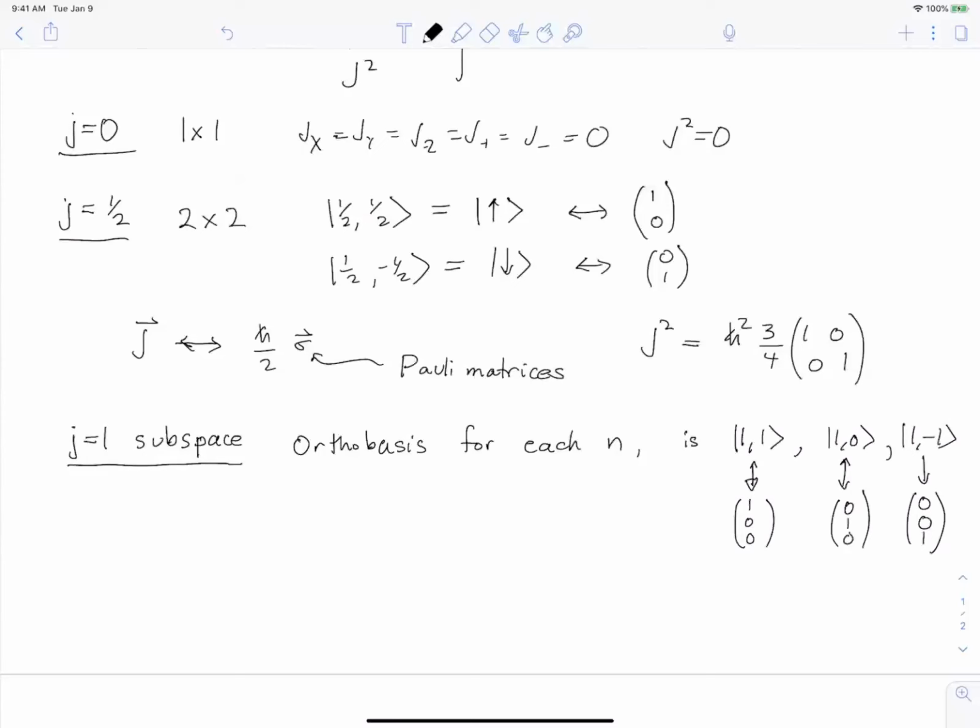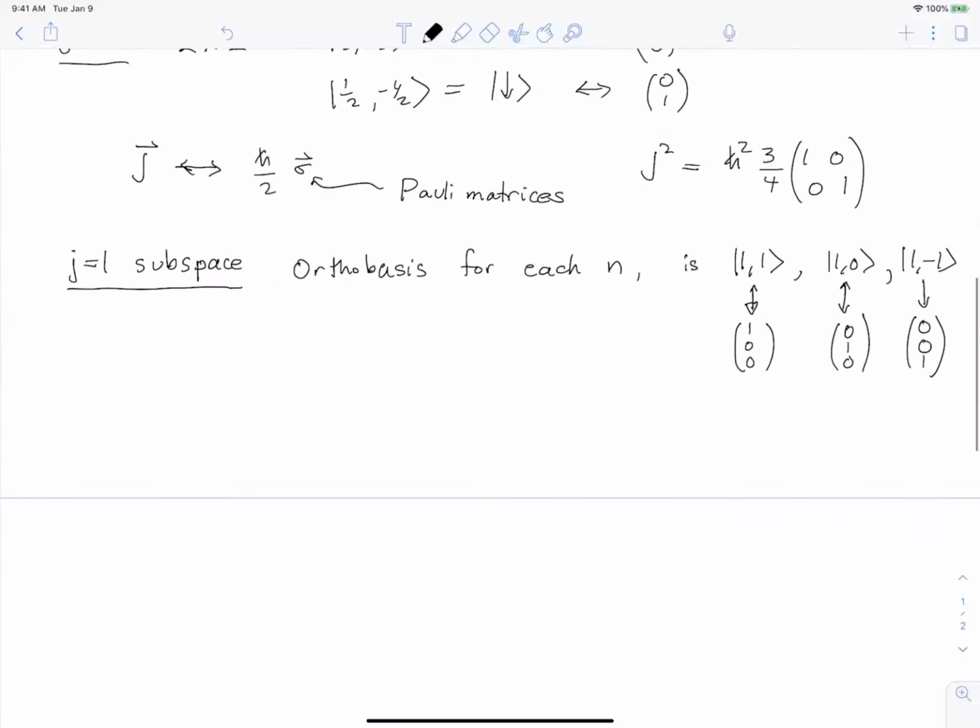Okay, and then we can work out the matrix representation for all of our J operators. So the easy ones are the ones for which these are eigenvectors. For example, we know that J squared is going to be diagonal because when it acts on each one of these vectors, it's just going to give back a number. Okay, and so it's represented on these things by a diagonal matrix, which is going to be 2 H bar squared times 1, 0, 0, 0, 0, 0, 0, 0, 1.